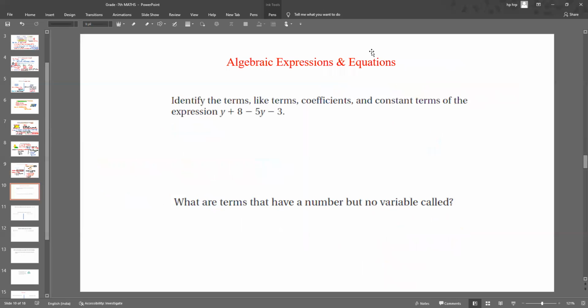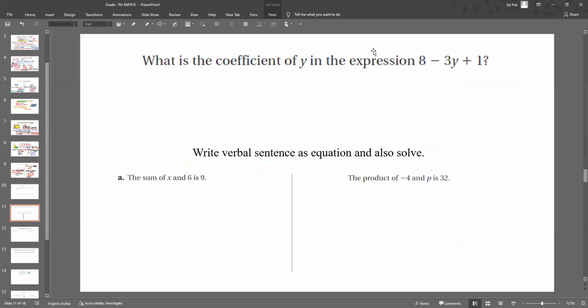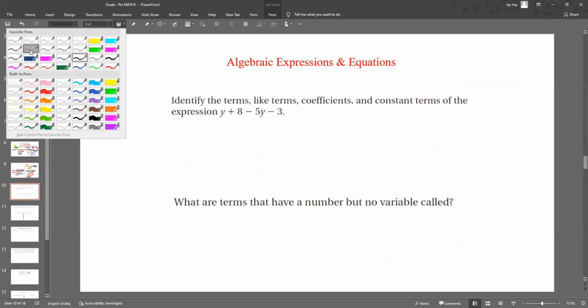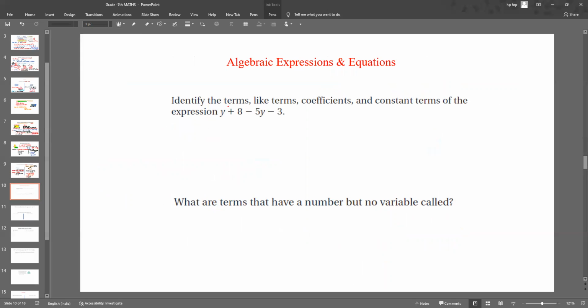Okay, now I have another question. Just a second. Okay, this question we have. Now this question is based on algebraic expressions and equations. Here, can you identify terms, like terms, coefficient, and constant term of this expression?